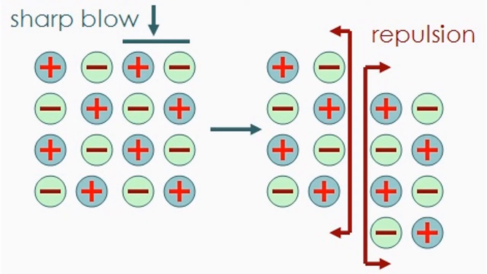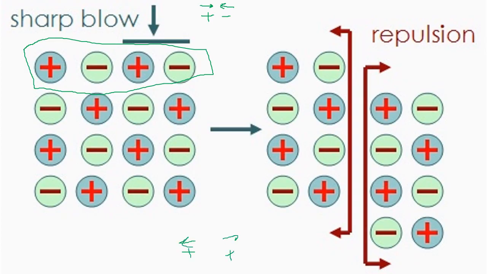If you look at this picture here, on the left-hand side we have positive, negative, positive, negative. And if you think about magnets, if you have a positive end and a negative end next to each other, they attract. When you put the same end of the magnet, so if you have two positive ends and you put them next to each other, they repel.